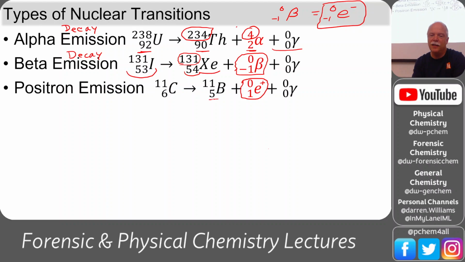To balance things out, the positron counts as +1, the boron here has 5, and so those add up to 6. And so you see the proton row matches. And then again, you've got to memorize what a positron is so that you know it's a +1 with a 0 on top. So the nucleons aren't changed. The carbon still has 11 nucleons when it becomes boron-11, and just out comes this positron.